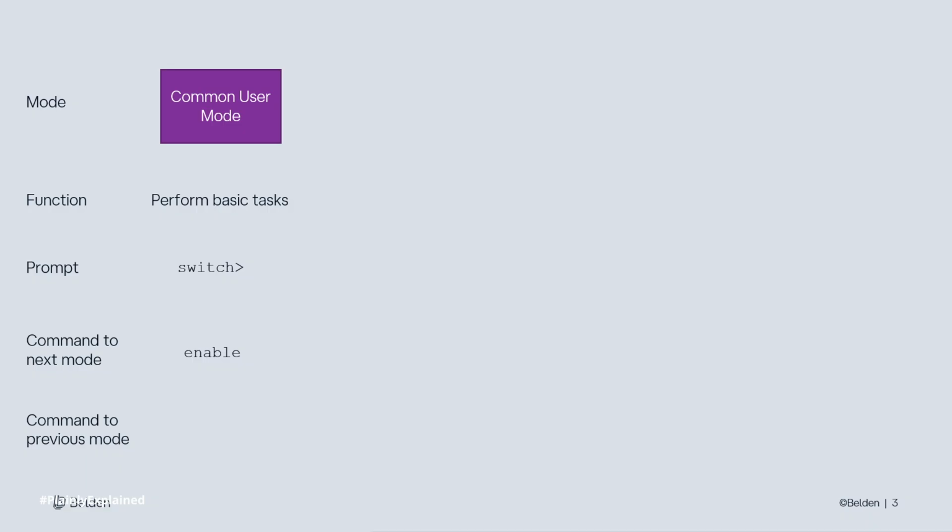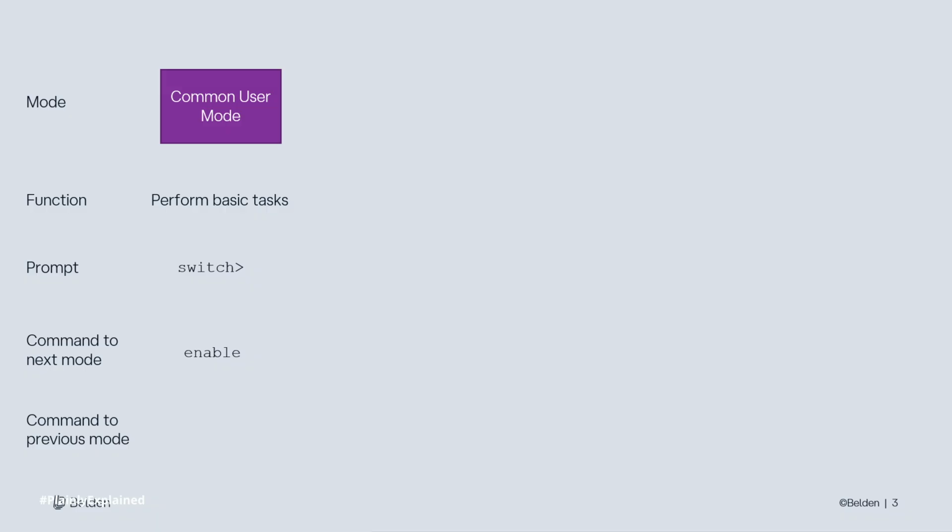First, the structure of the command line. Like many other network devices, the MTS command line interface is divided into several command modes, each of which serves a specific purpose. Common user mode is the default mode when you first access the device. It provides limited access to basic monitoring commands.